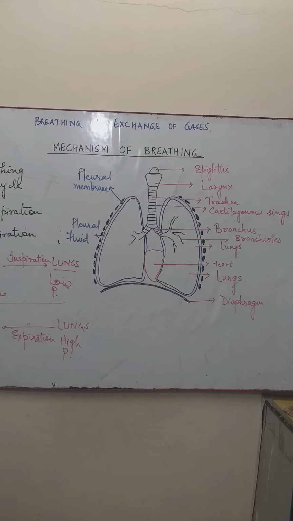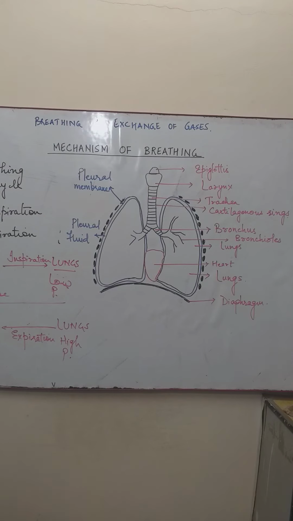How this pressure gradient is brought about is by the movement of the structure known as the diaphragm. It is the diaphragm that brings about the negative pressure gradient within the lungs and the high pressure gradient also within the lungs.